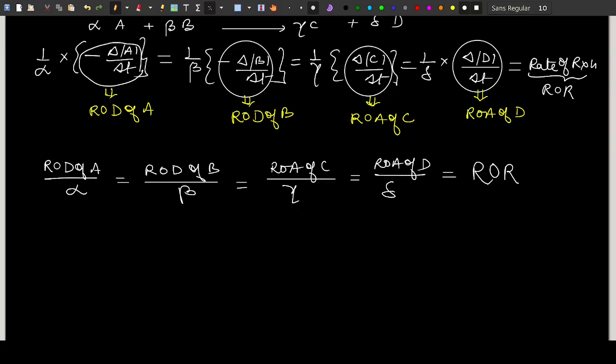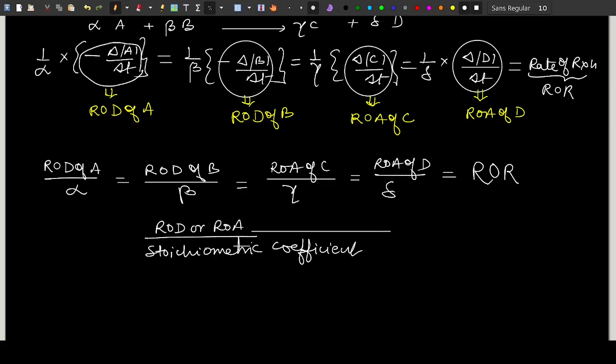Now, dear friends, we can say that rate of reaction is equal to rate of disappearance or rate of appearance divided by stoichiometric coefficient.